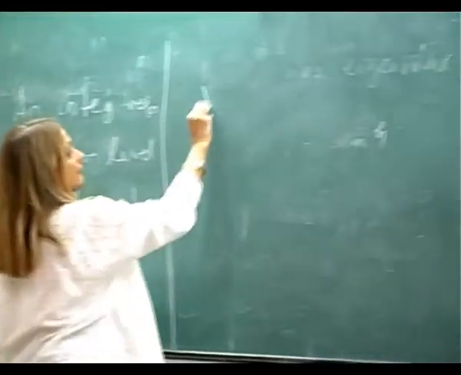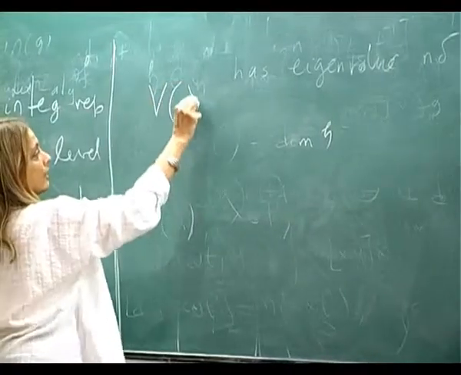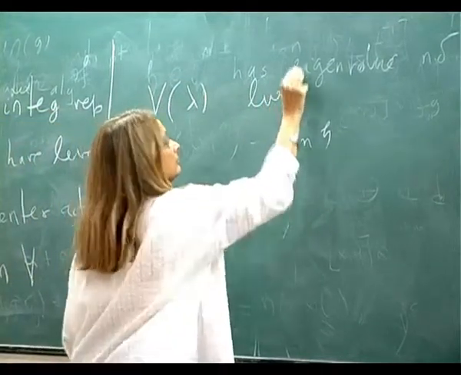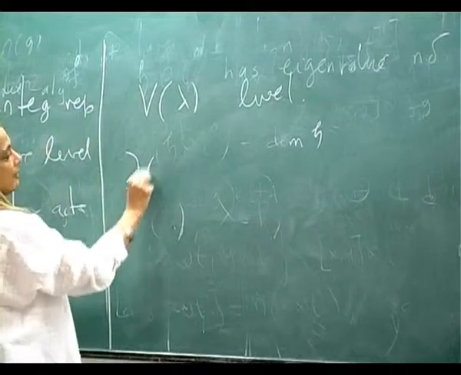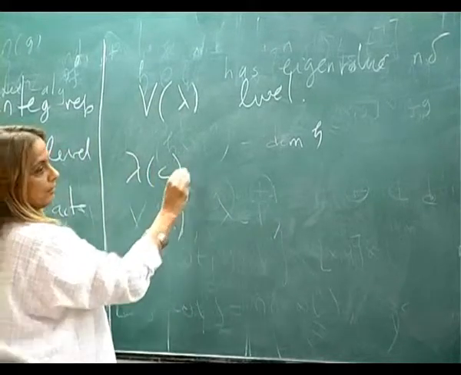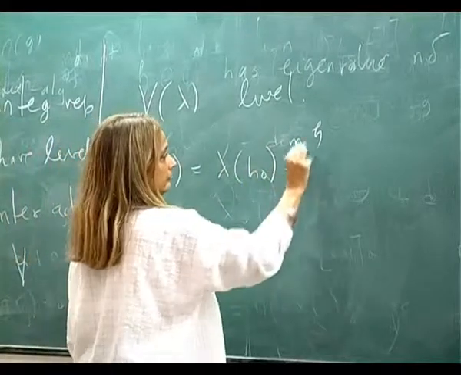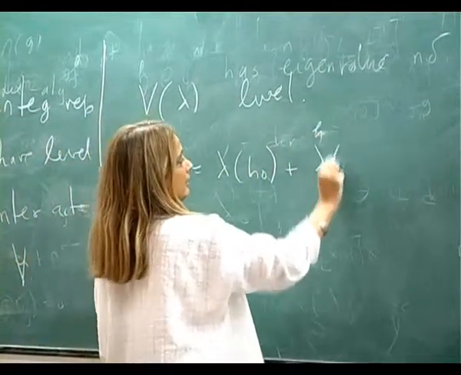If you look at V lambda, what is its level? The level is lambda of C, which is equal to lambda of H naught plus lambda of H theta.